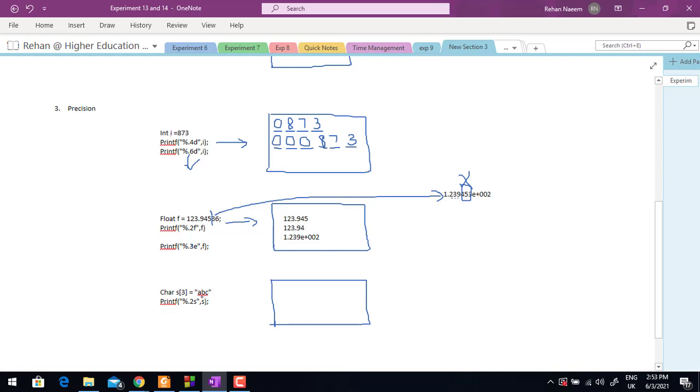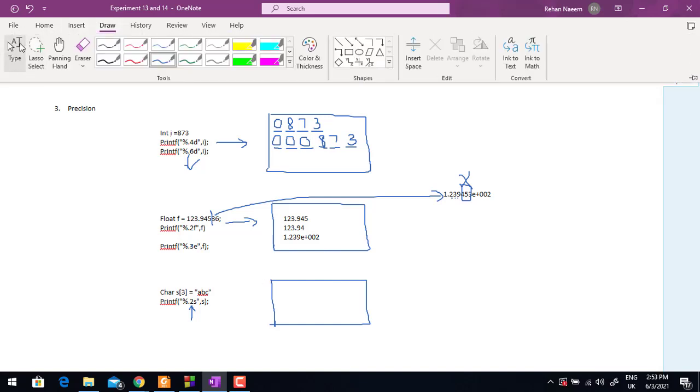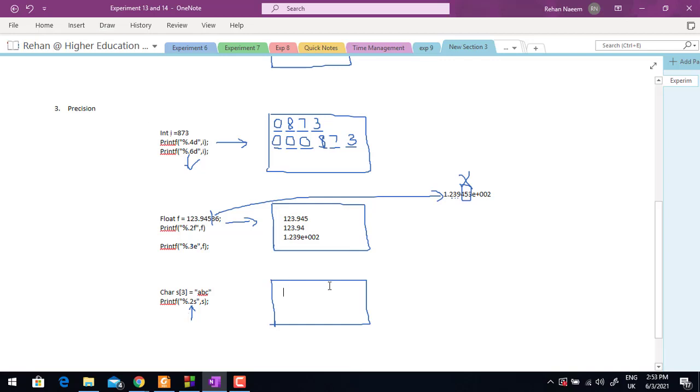This string ABC will be printed at the output, but only the first 2 characters of the string will be considered. This 2 tells the computer to only consider the first 2 letters or first 2 characters of the string. So the final output will be AB. The final output will be AB.